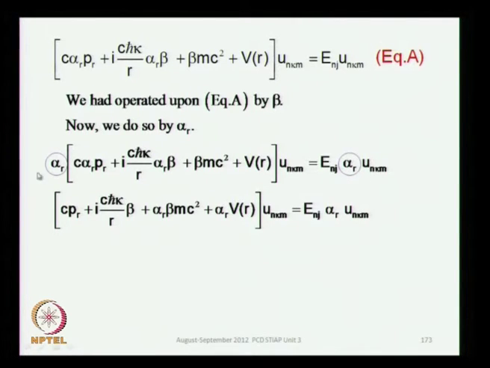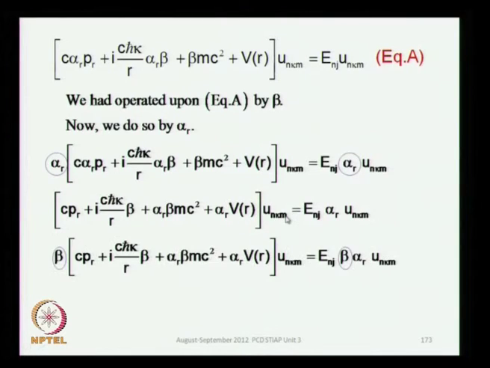Now you have got alpha r square which will give you unity in the first term. So, you get CPR from the first term. Again from alpha r square you get unity, then you have got alpha r beta, right, and then alpha r v. Now, on this result you pre-multiply by beta.